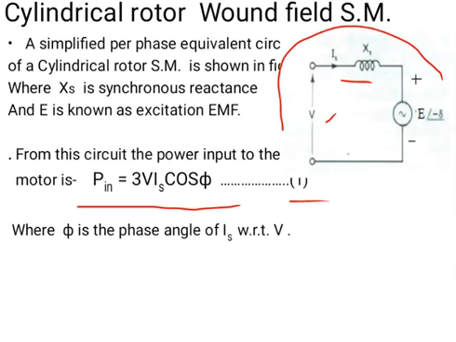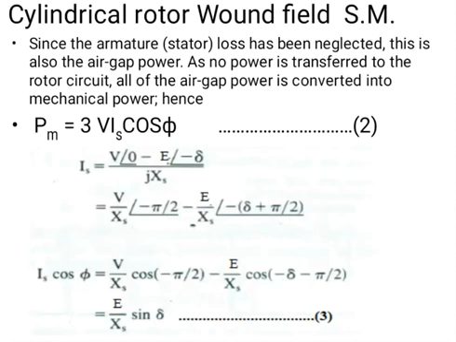In this equation, phi is the phase angle between current and voltage. As we assume that the stator losses are neglected, and since the armature loss has been neglected, this is also the air gap power, as no power is transferred to the rotor circuit.